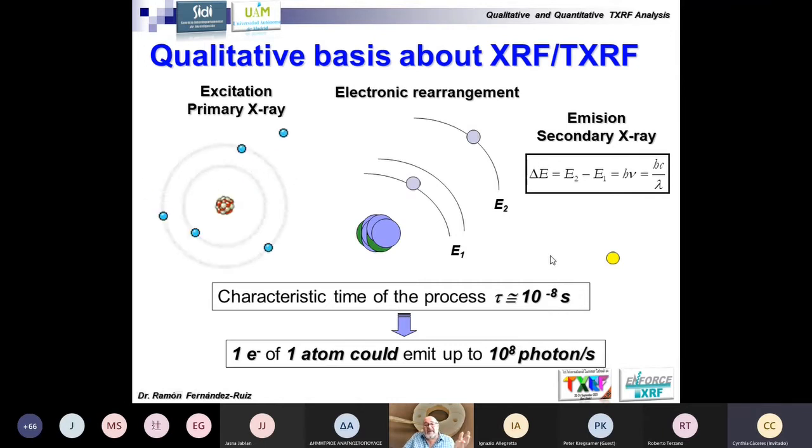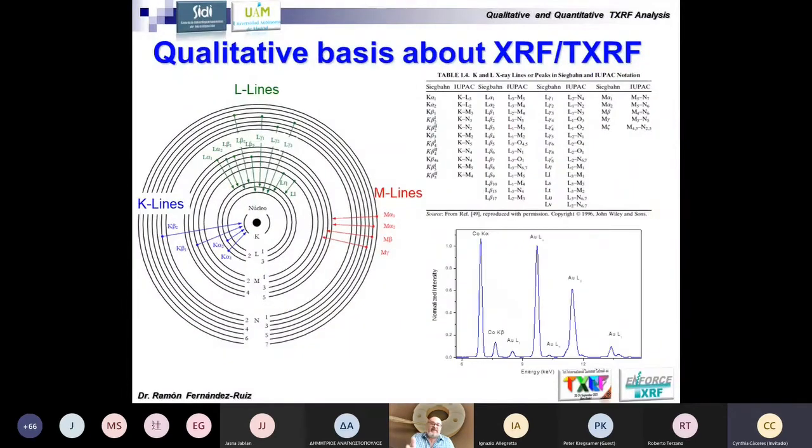This is a very good characteristic for an analytical technique, because a good analytical technique is one that obtains a very high signal for a very low quantity of analyte, of atoms in this case. Koichi also commented about this, but yes, it is the key of the qualitative identification.